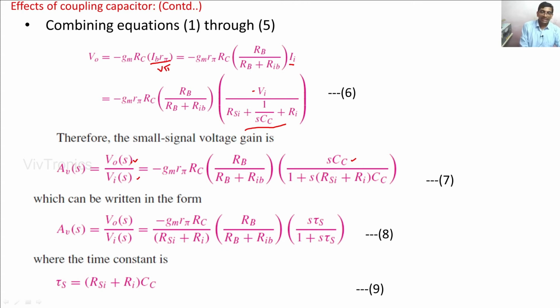Here we can rewrite this equation by multiplying the numerator and denominator with RSI plus RI.